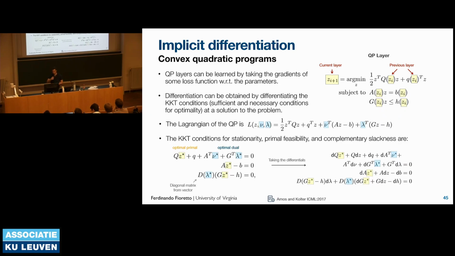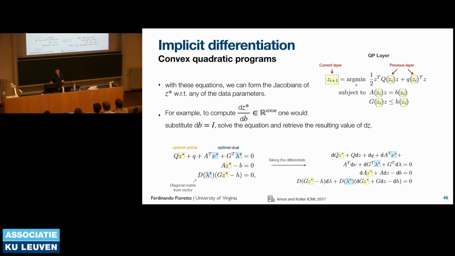I'm not going through the details, but essentially you obtain them by firstly having the Lagrangian of the QP, generating the KKT conditions, and then taking the differentials of those conditions. And then with those equations, you can form the Jacobians of any unknown of the system with respect to any data and parameters, with respect to the model parameters or other quantities.